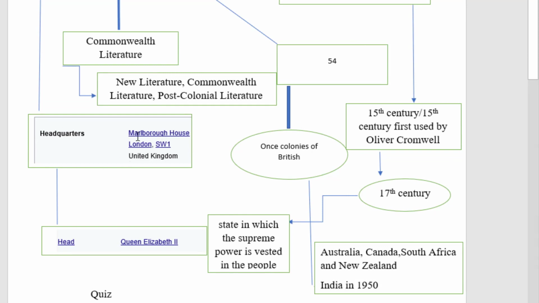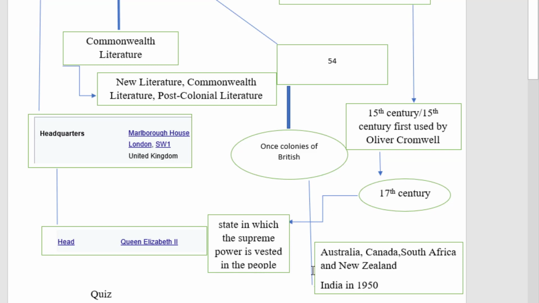The headquarters is in England, and the head of the Commonwealth is Queen Elizabeth II. Now this Latin word respublica was first used in the 15th century by Oliver Cromwell to represent the entire land as common for the people. Later, in the 17th century, it was used to represent the state which held the power.